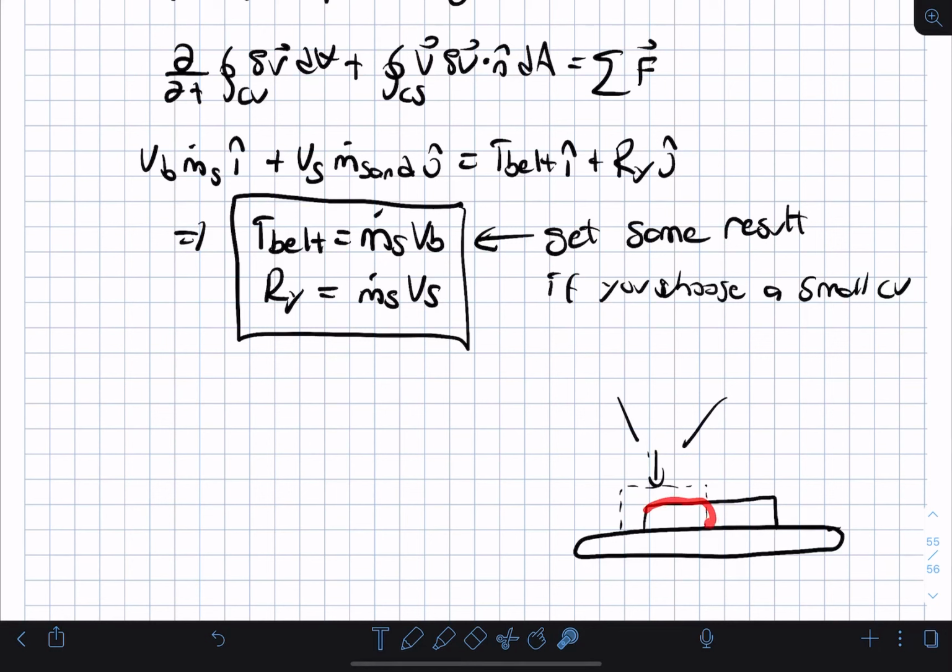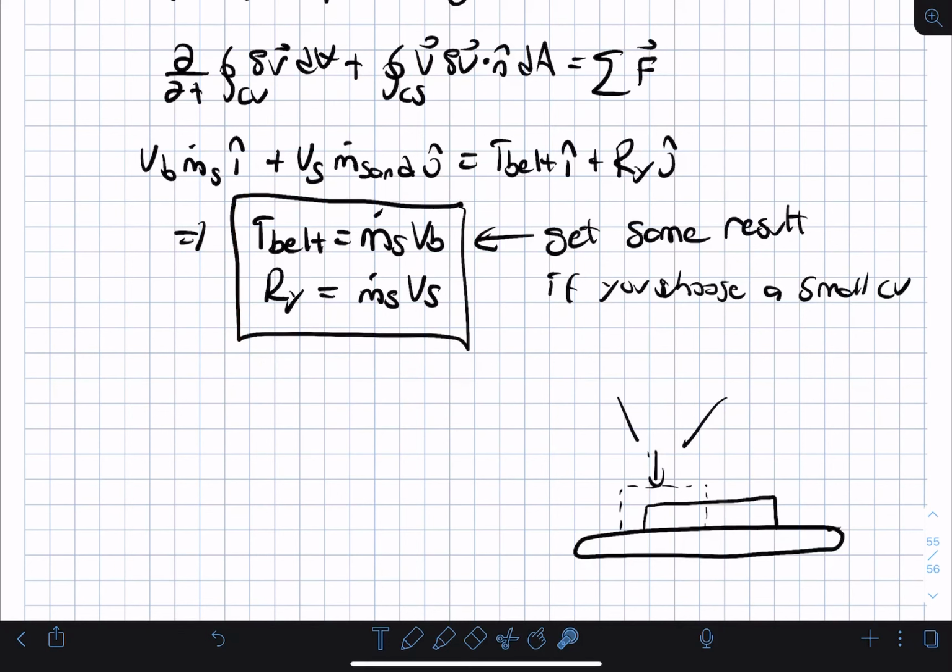What you'll find is that this control volume will be steady, and you can go through the exact same procedure that I did, but we choose the steady control volume, and so there will be a constant mass of the sand in the control volume, and you will wind up with the exact same forces acting on it.